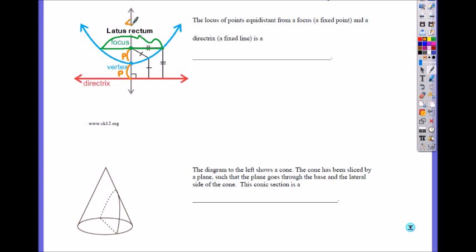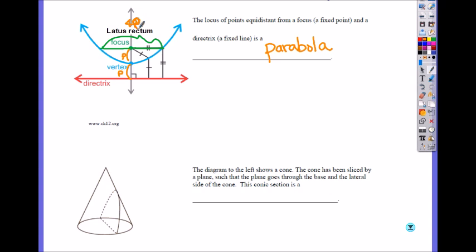And that's 4A. Okay? So the locus of points equidistant from the focus and directrix is a parabola. I'm sorry, 4P. It's 4P.